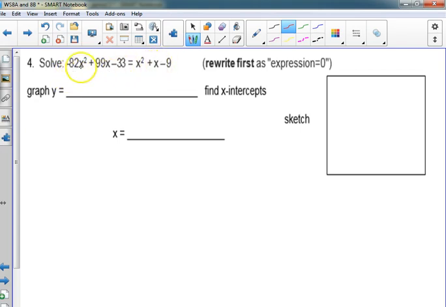If I add 82x squared over here, I'll have 83x squared. If I subtract 99x over here, I'll have a negative 98x. If I add 33 to negative 9, 24, did I do that right? So I moved all of this over to the other side, so I had 0 equal to this.